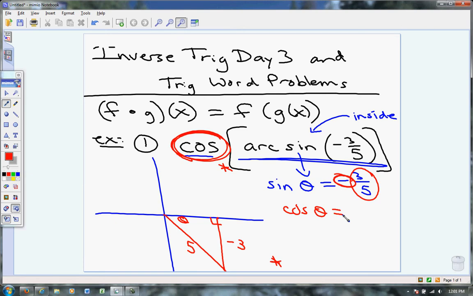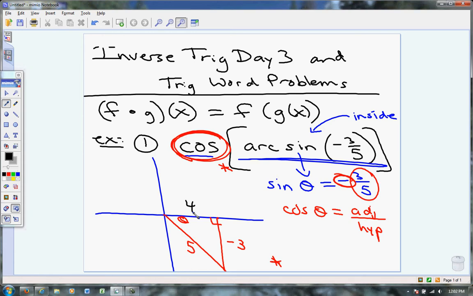The cosine of theta is adjacent over hypotenuse. And I need that side, but this is actually one of those common triangles. I could either use the Pythagorean theorem, or I could just recognize that this is a 3, 4, 5 triangle.